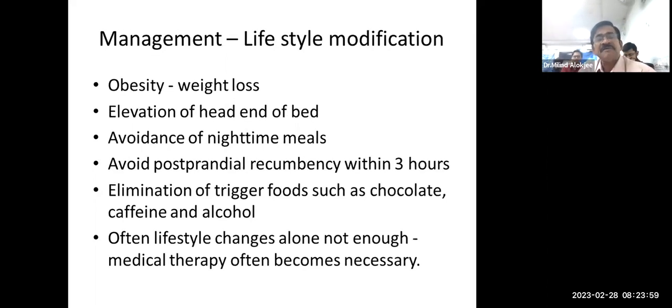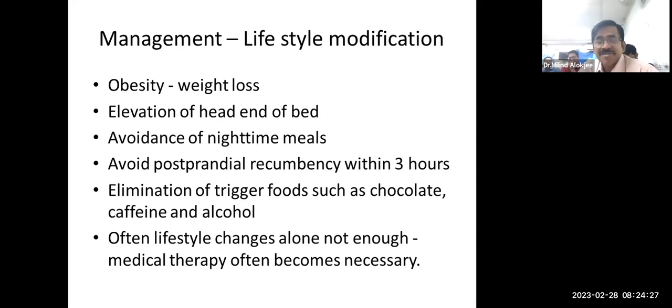Obese patients have a higher incidence of reflux disease, so weight loss is very important for preventing reflux disease. Elevation of the head of the bed and avoidance of recumbency within 3 hours after meals. And sometimes if the patient has severe nighttime symptoms, they may avoid nighttime meals. And there are some trigger foods which aggravate GERD, like chocolate, caffeine, and alcohol.